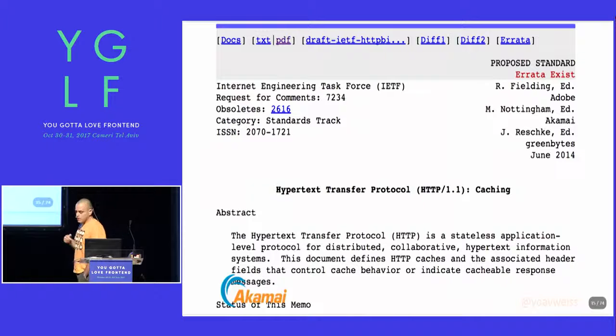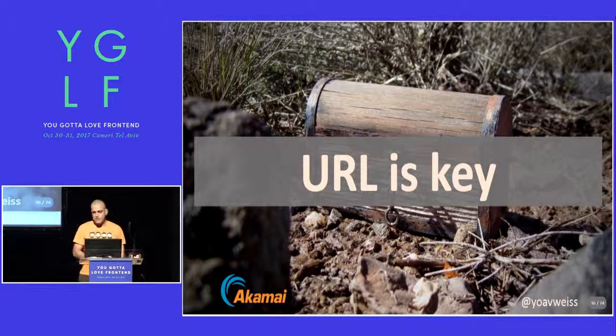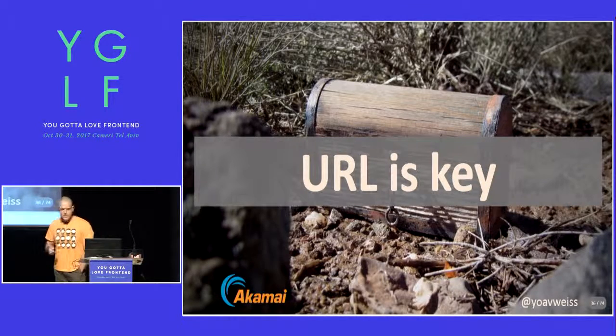And one thing that is important to realize about HTTP caching semantics is that the resource URL is the cache key. If a request for the same URL arrives twice, the first response could be cached and used to serve the second one, and consecutive ones after that.